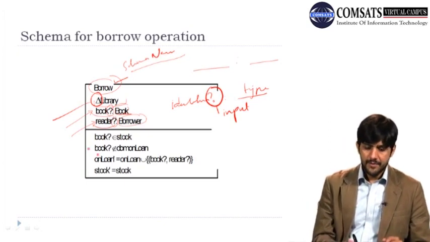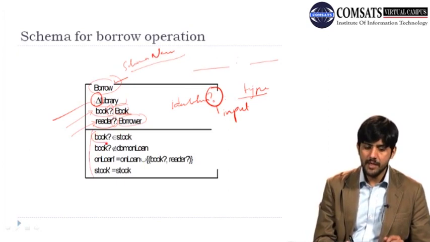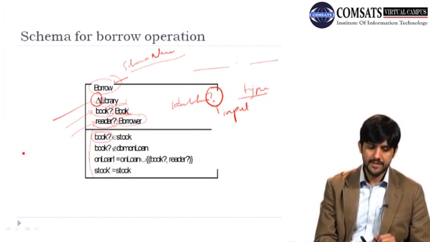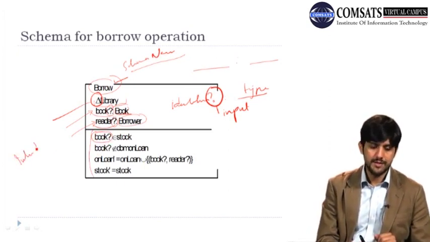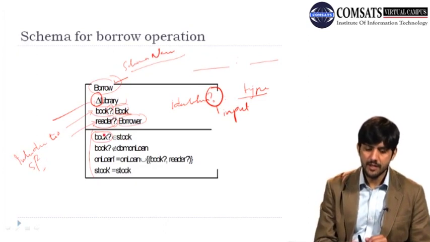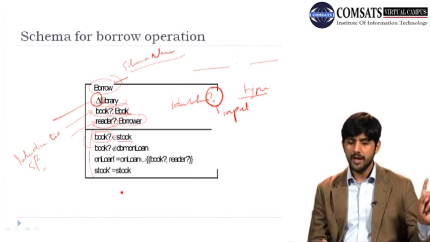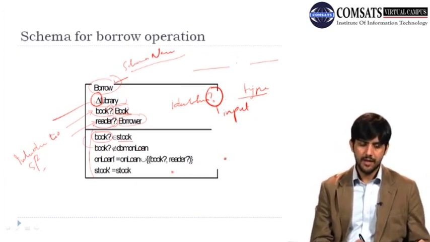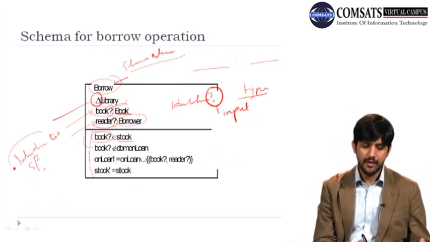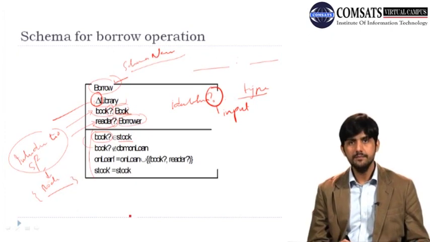Okay. So the first thing that this operation checks is the book, my input variable book, for example, Introduction to Software Engineering, this is the title of my book. The first thing I am checking is whether this book is in the stock. Remember, I have a huge stock, so I'm just checking whether this particular variable belongs to my huge set of books, which is stock. So this is the first thing I'm checking.